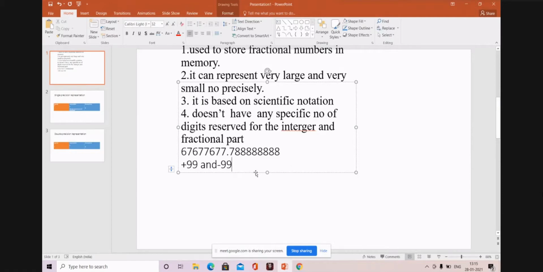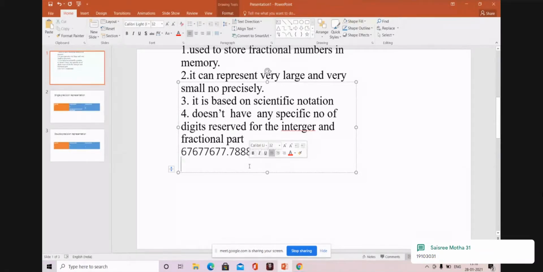We will come to fixed point in the later part of the syllabus. But in floating point representation, there is no specific number of digits reserved. That is why it can store very large numbers as well as very small numbers, and why it is called a fractional number representation.